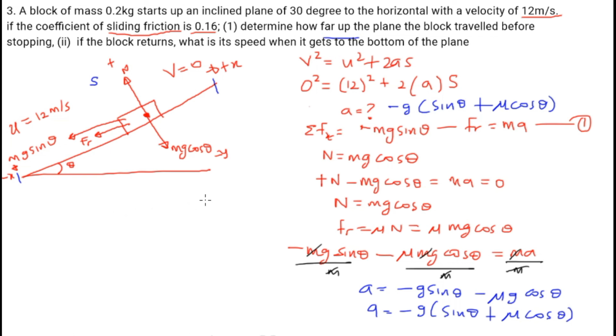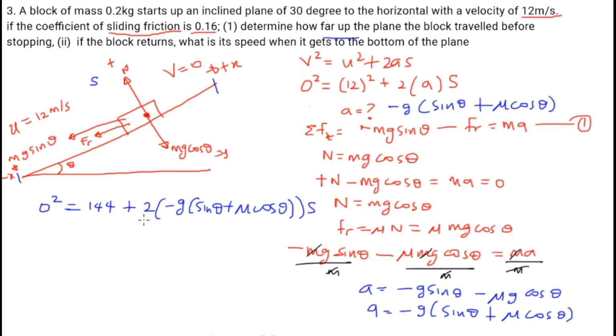Now to find the distance, remember that we have 0 squared equal to 12 squared, where 12 squared is 144, then plus 2a, where a is the equation of the acceleration, which is minus g into sine of theta plus mu, then cosine of angle theta, then multiplied by s.